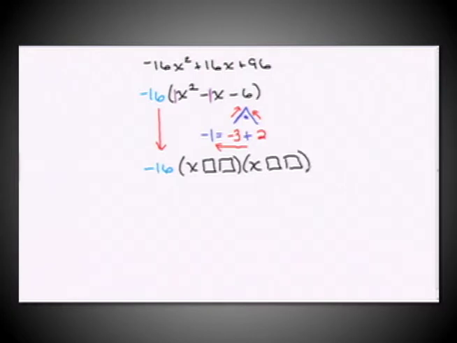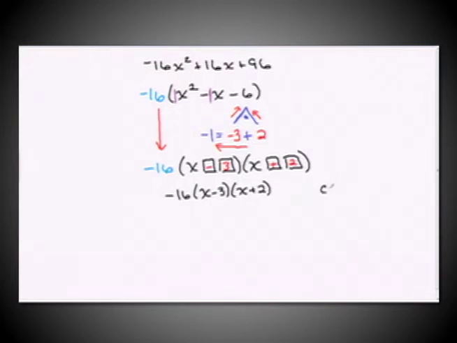So from the work we did with our factoring TP, we see that x minus 3 and x plus 2 are our other factors. So the factored form of negative 16x squared plus 16x plus 96 is negative 16 times x minus 3 times x plus 2.